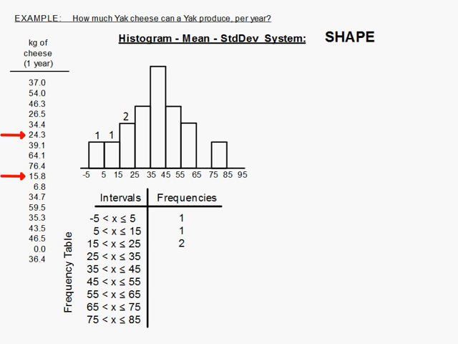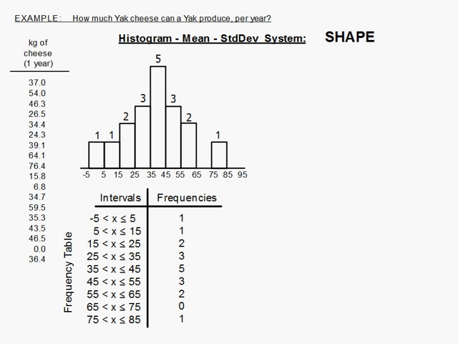We have 2 in the next interval, then 3 and 5, back down to 3, down to 2. There are no measurements in this interval, which is why there's no box there. And finally in the last interval there's only 1, and so we've produced our frequency table and our histogram.